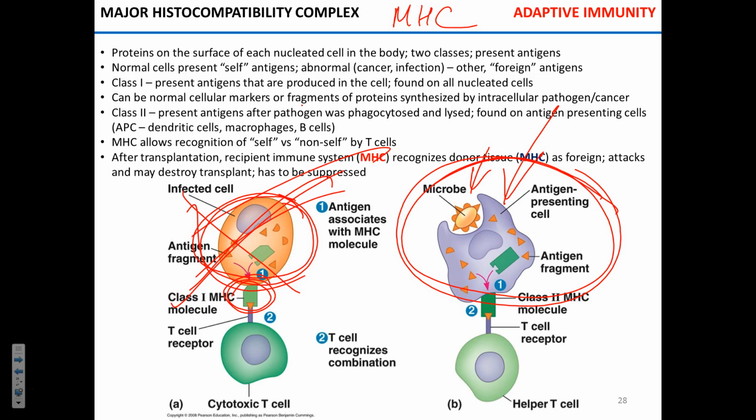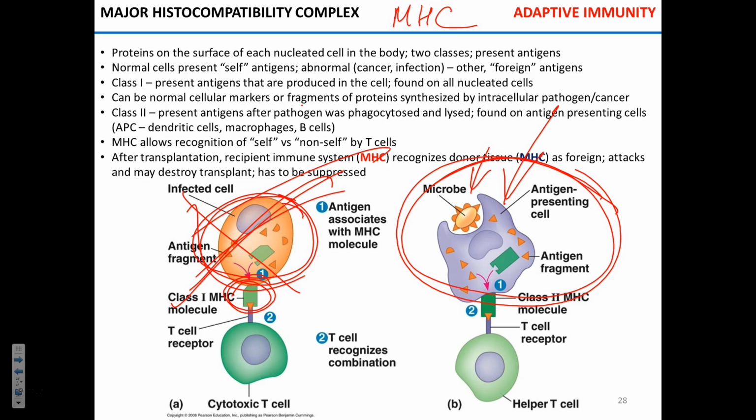If I trained Eric to kill the blue one, then he would represent a totally different population of T cells that would kill only blue ones. So each T cell population can kill only cells that have that specific antigen on the surface.